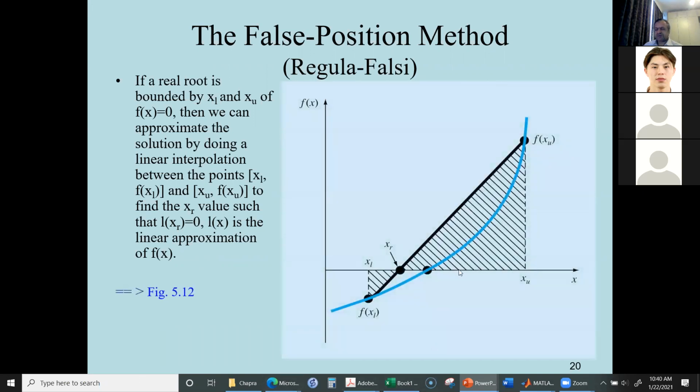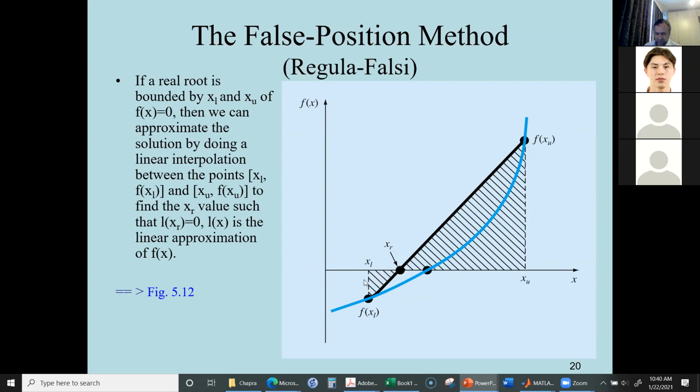Okay, so this picture illustrates this method better. This method assumes that, for example, at xL the value of the function is negative, and at xU the value of the function is positive. In the bisection method, we would assume that the root is at the midpoint between xL and xU. But here it will take the linear approximation, just like similar triangles.